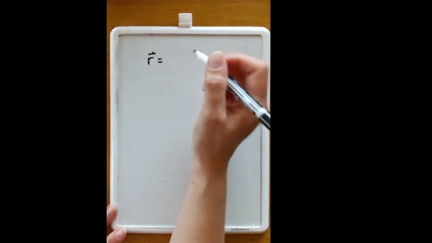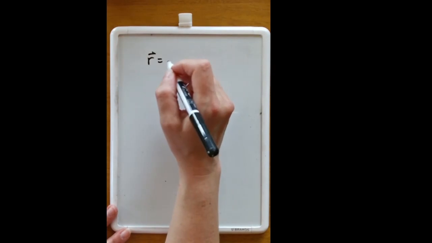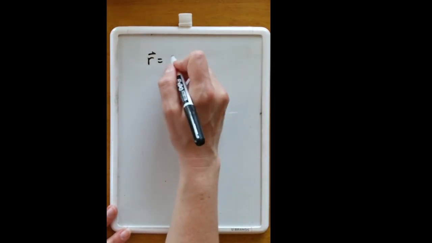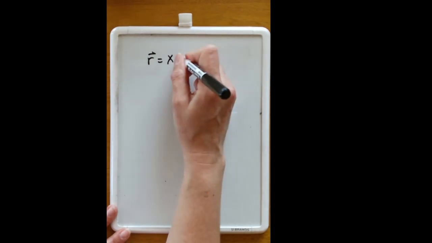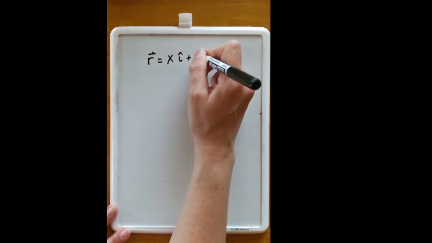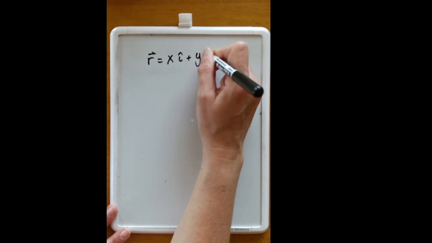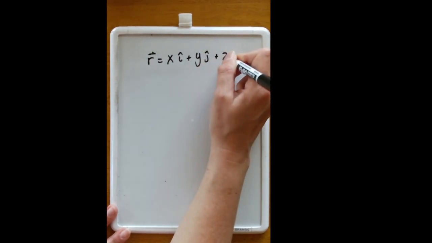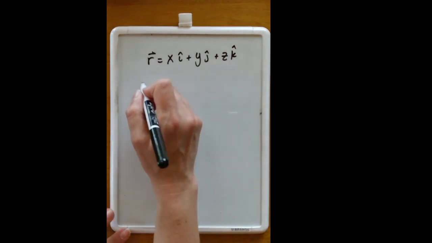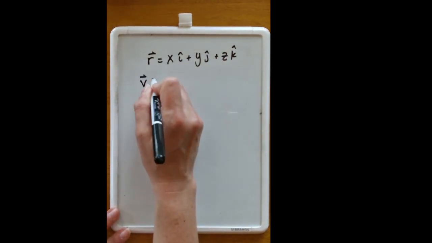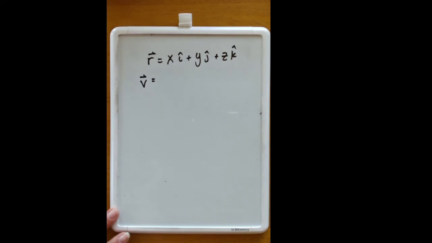So I'm just going to write down a recap here. Our position vector was r, and that is x in the i hat direction plus y in the j hat direction plus z in the k hat. And then our velocity was the derivative of position.